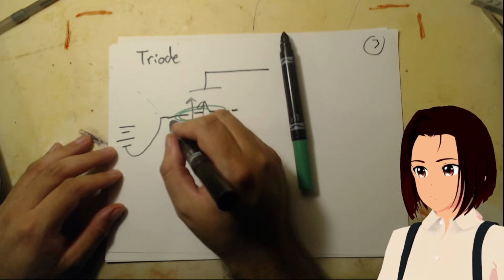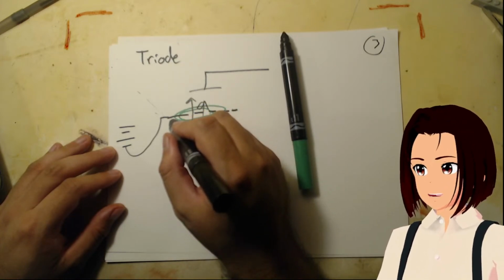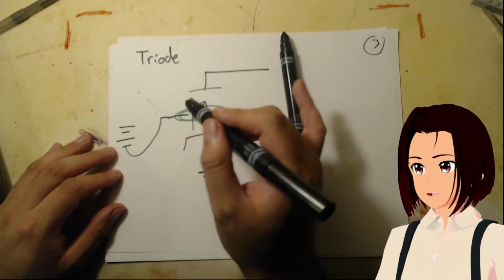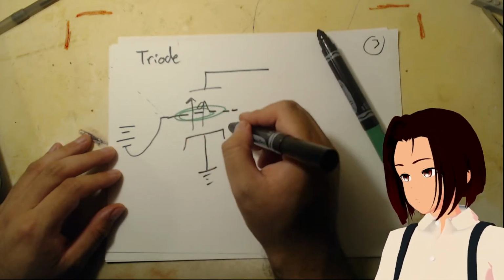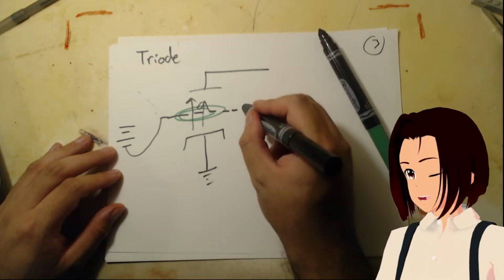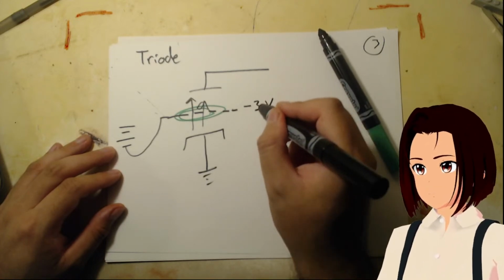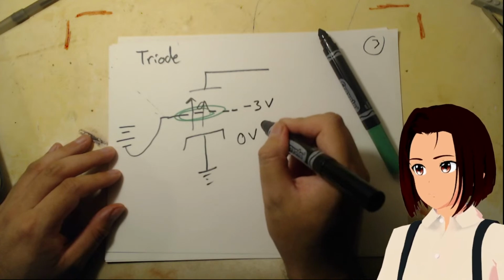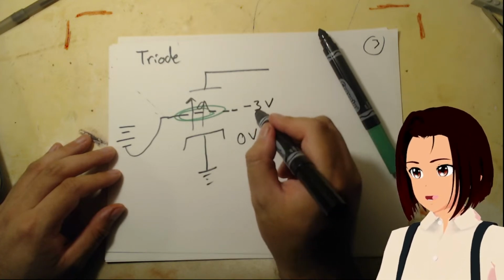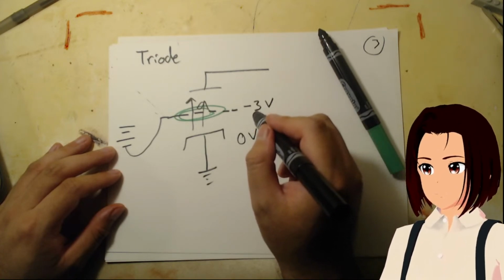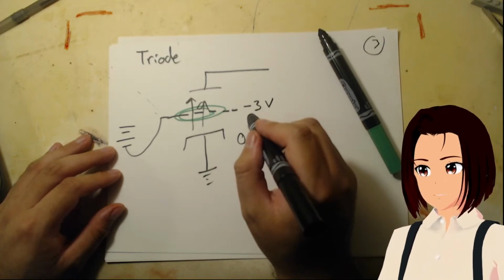But if we charge this really negatively, say the voltage here is -3 volts and this here is 0 volts, electrons really won't like this. A very small syringe.